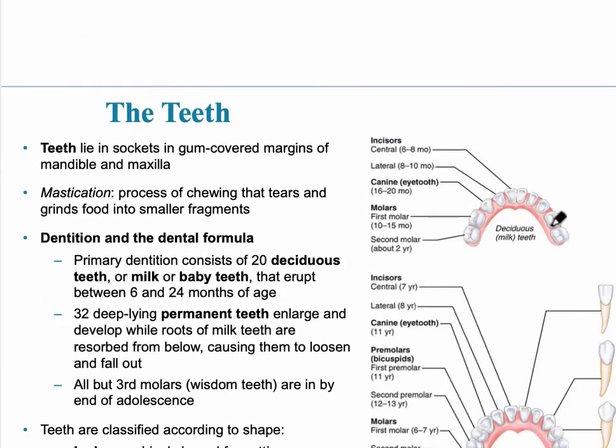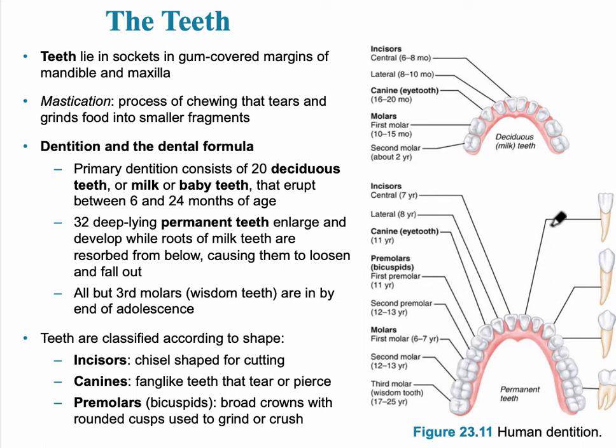Our teeth: it's important that you know the main types of teeth. The teeth lie in the sockets in the gum, both in the mandible and the maxilla bones. The process of chewing is called mastication.